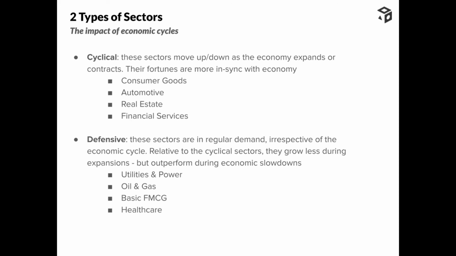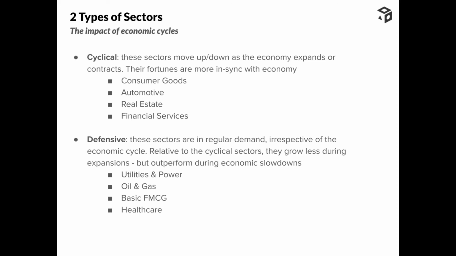That's because people may not be buying new cars during an economic downturn, but they will definitely go for good healthcare, or buy basic FMCG products or pay their electricity bills. That's why defensive sectors tend to outperform when there is an economic slowdown.